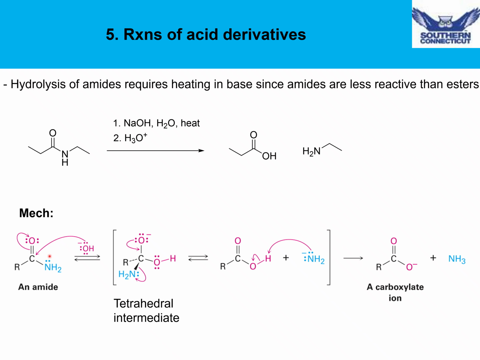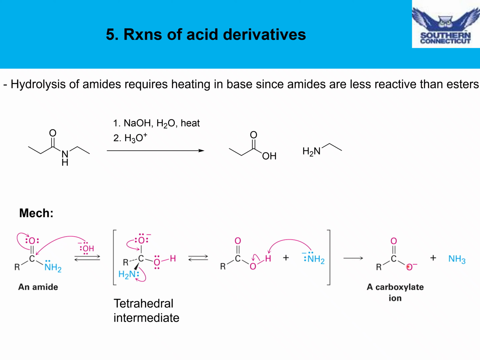Here's a look at the mechanism. It starts off with the hydroxide ion attacking the carbonyl carbon, breaking the double bond here, giving us a tetrahedral intermediate. The carbonyl reforms by eliminating the amino group. That gives us initially a carboxylic acid, but because this is done under basic conditions, the carboxylic acid is deprotonated and turned into a carboxylate ion.